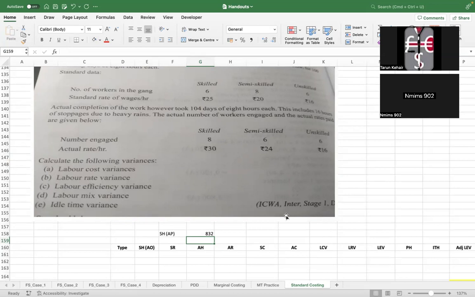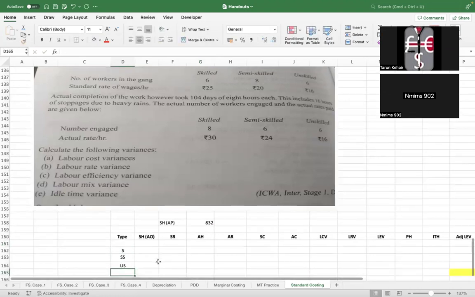सेम वे यहाँ पे भी अगर आपका एक्चुअल प्रोडक्शन 104 आवर्स का हुआ है, so first 832 hours per labor is, so you will have to put to standard for actual production. Actual production is 832 hours per labor. So there are 3 types of labor. यहाँ पे skilled, semi-skilled, unskilled.